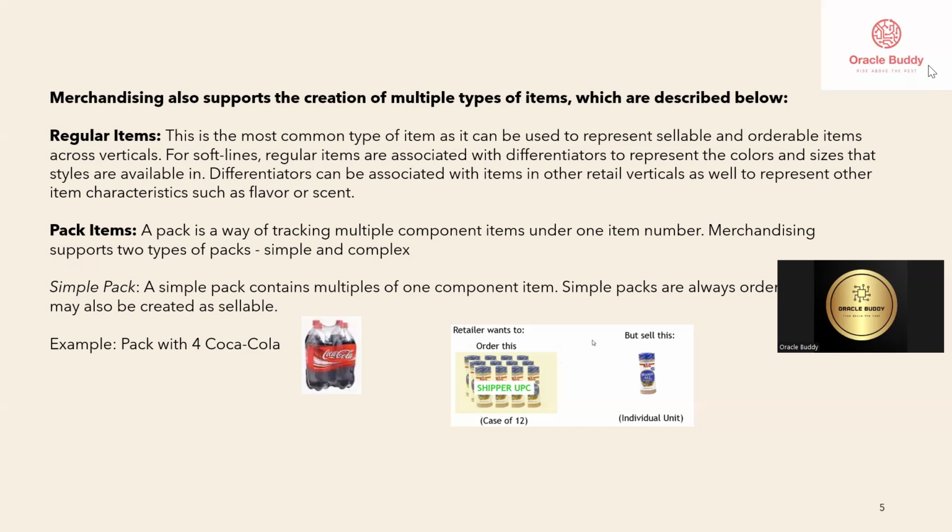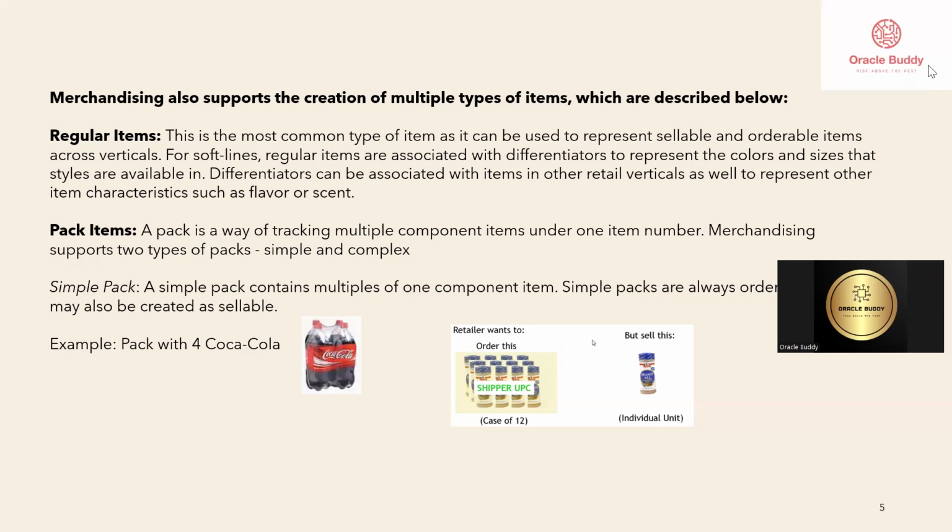So whenever you visit any retail departmental store or online store like Amazon or Flipkart or Myntra, you can see there are different items. Single items are there. Suppose a US Polo t-shirt is there. That is a regular item and it will have multiple colors and sizes. Those are the differentiators.